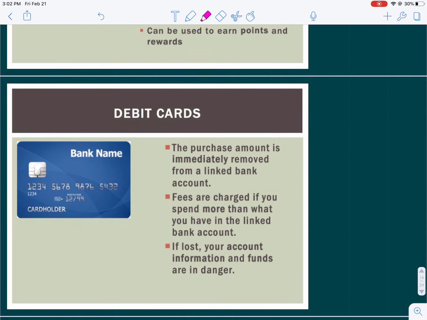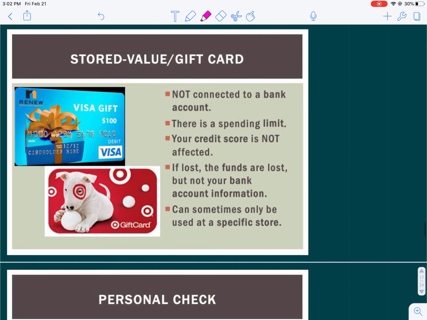Debit cards: the purchased amount is immediately removed from the linked bank account. Fees are charged if you spend more than what you have in the linked bank account. If lost, your account information and funds are also in danger. Stored value or gift cards: not connected to the bank account. There is a spending limit. Your credit score is not affected.